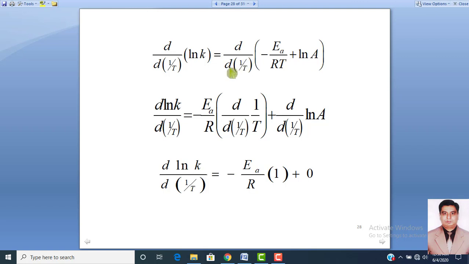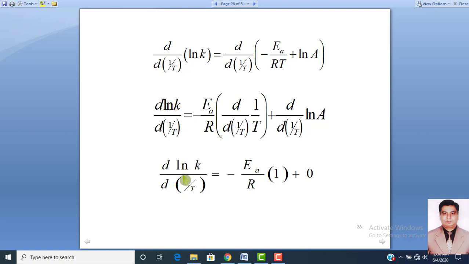So multiply d over d1 by T with both these terms: minus Ea over R into d over d1 by T into 1 by T plus d over d1 by T log natural A. After simplification, by applying differentiation rules, this term will be equal to 0 and here you will get 1.